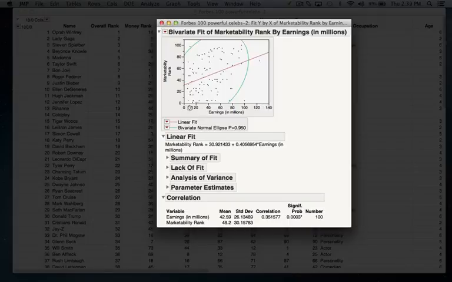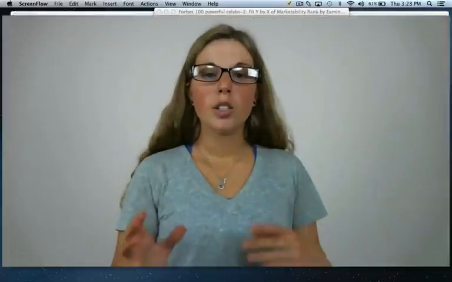And so we can plug in any X value here, and we plug it into earnings in millions, we multiply it by 0.4 and add about 31, and that's going to give us our marketability rank on this red line, which is the line of best fit. So that about does it for our simple overview of regression and correlation and the line of best fit.